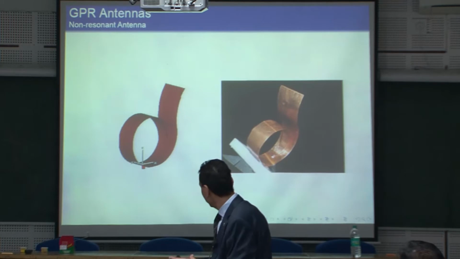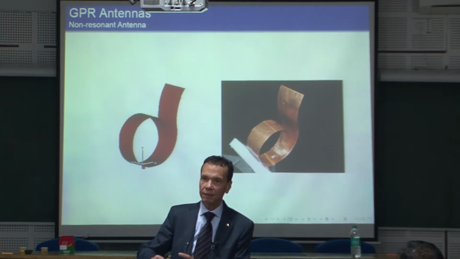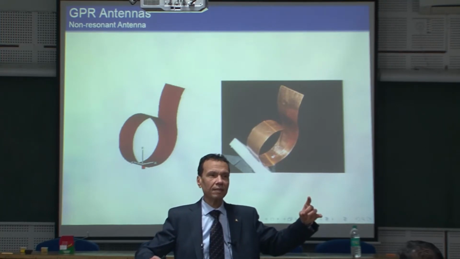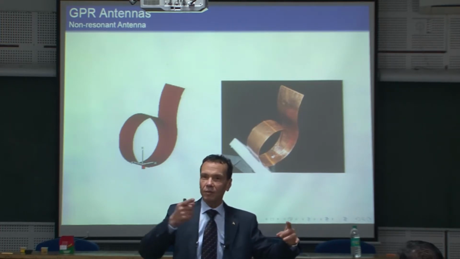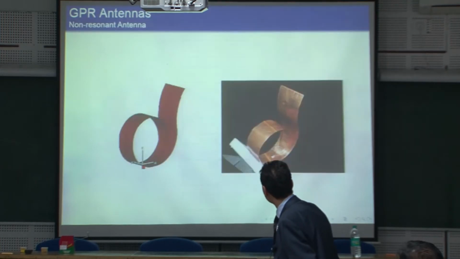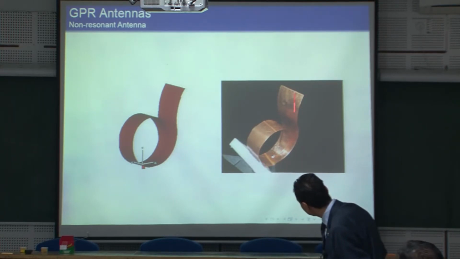You can cut a copper sheet in a triangular form. He didn't want to tell us which dimensions. He said, okay, I will cut it for you. And you make a spiral of it, like that. So you cut it here, and you make a spiral, and you make a hole in this side, and you come with the coaxial cable.